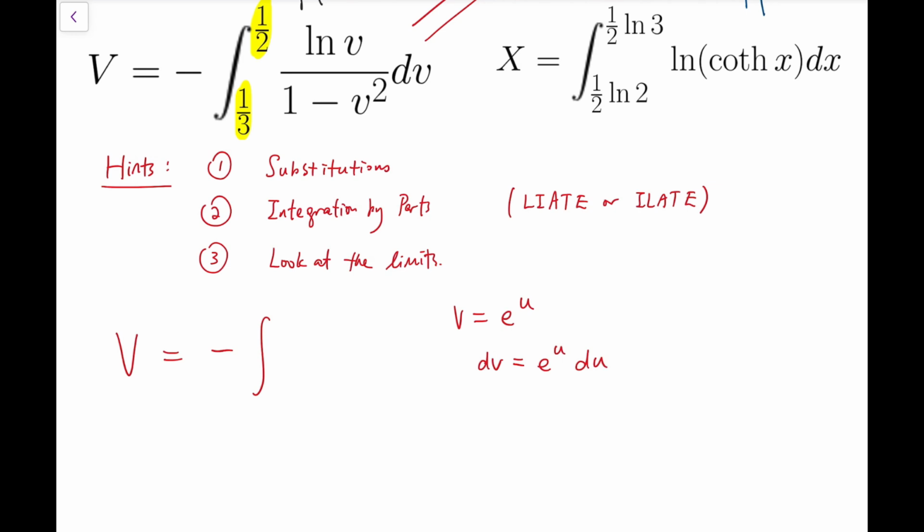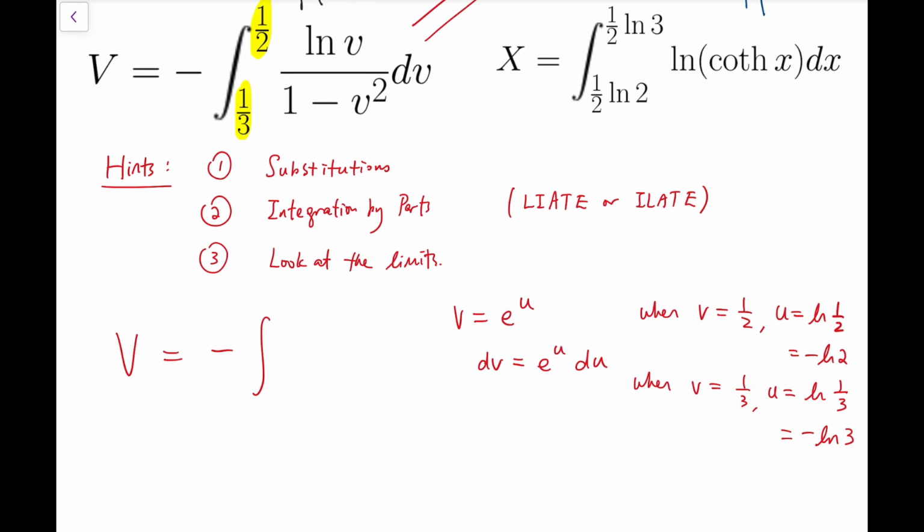While for the limits, when v equals 1/2, u equals log of 1/2, and that's minus log 2. When v equals 1/3, u equals log of 1/3, and that's minus log 3.